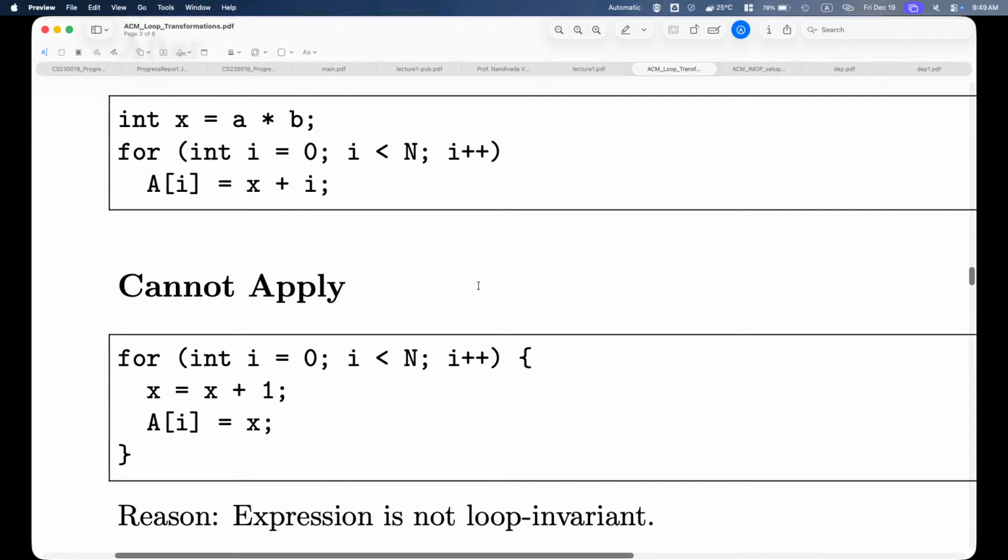Here x is defined. Which definition will reach this use? For this use, pay attention, two definitions will reach. This guy and this guy.